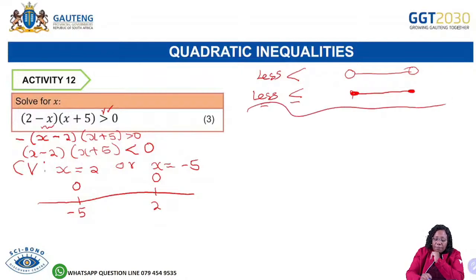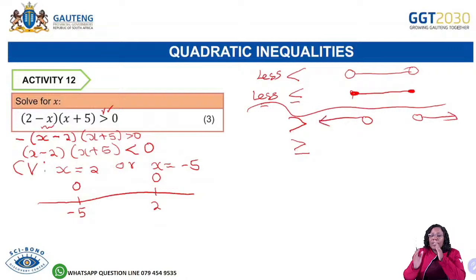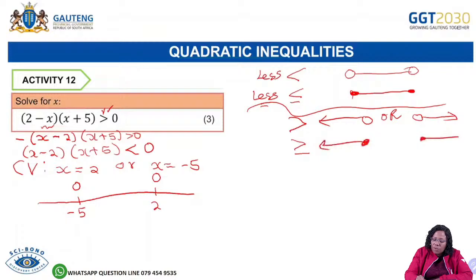But if it is greater than or greater than and equal to, we will shade the values outside. So it's like somebody gaining weight, you shade out, okay? And then if that is the case, the solution will have two solutions with an or in between. The same applies here. It will be a shaded dot, but you will have two separate solutions. That is the shading part that determines your final solution.